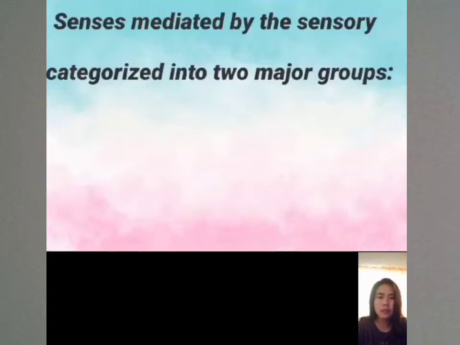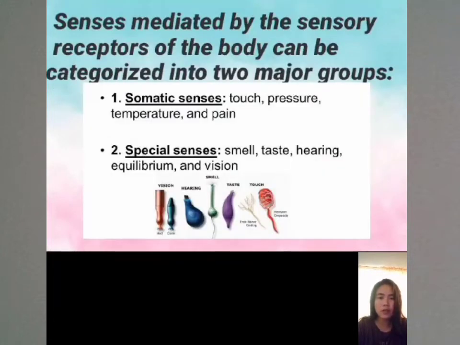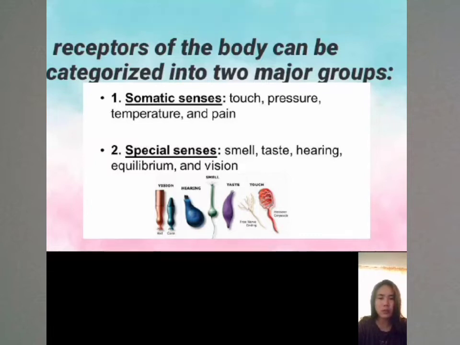Senses mediated by the sensory receptors of the body can be categorized into two major groups, the somatic senses and the special senses. Special senses involve elaborate sensory organs, the eyes and the ear, and the somatic senses are less elaborate, just single receptors embedded in skin or muscle tissue.